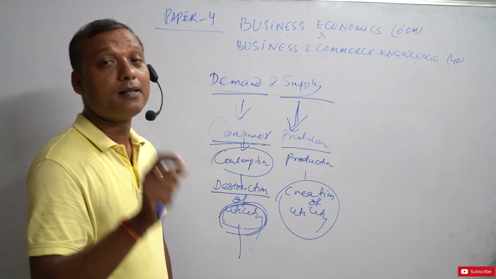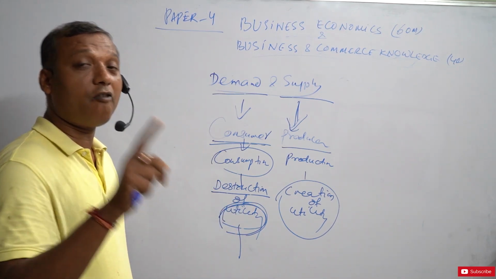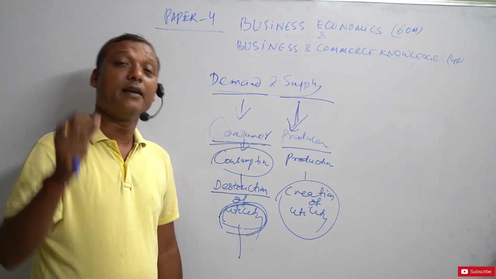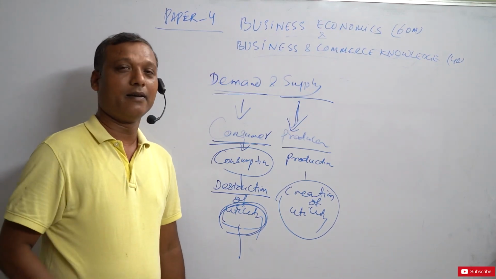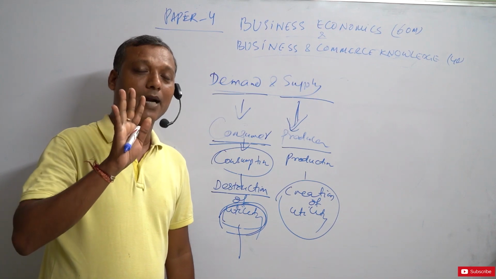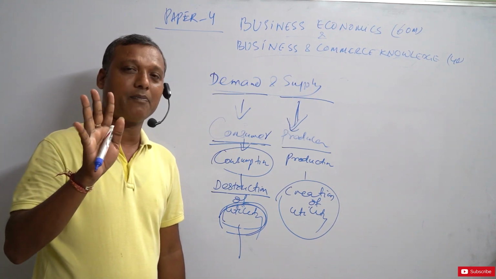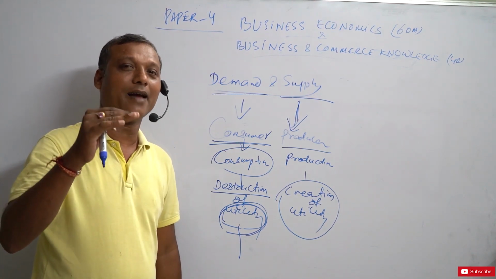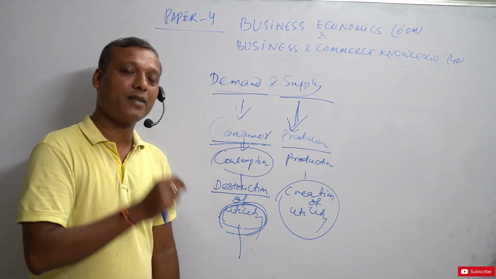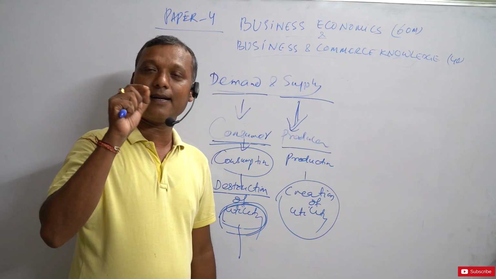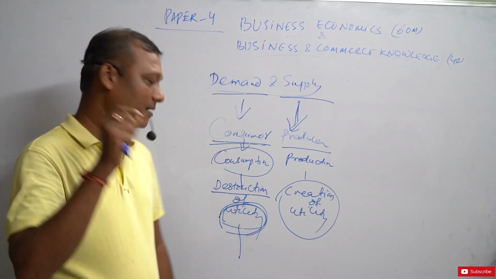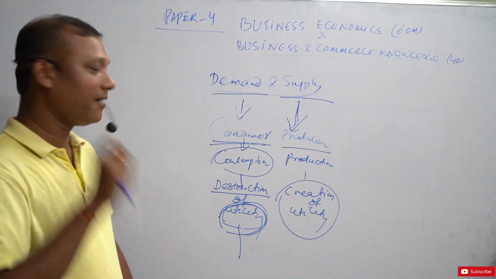I have told you, the satisfaction power of any good or any service, even if it satisfies a single individual. Remember, you will understand each and every concept if you listen very carefully. Utility need not satisfy each and every individual.